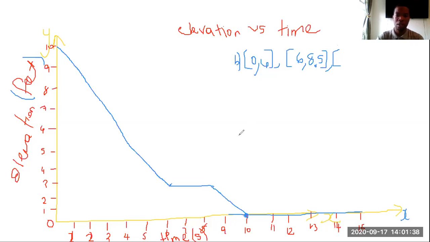And then the other one was 8.5 to 10. And then the other one was 10 to 15, because that's when he started walking. So when we're listing time intervals, this is what they're talking about. The different time intervals for each linear graph that we put together to make the piecewise.